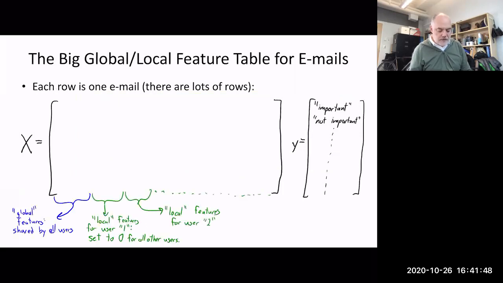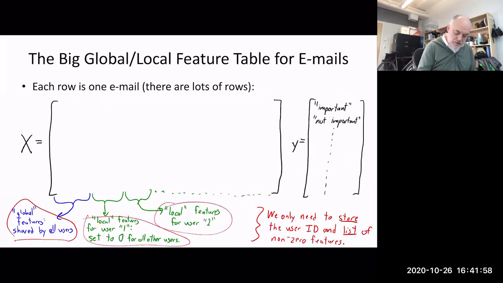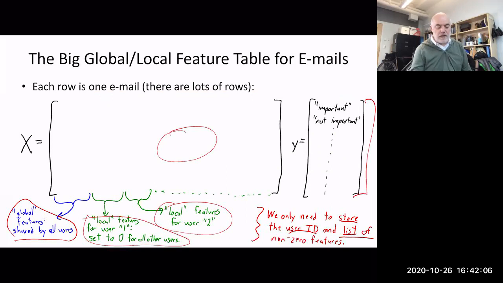You can absolutely do this, and this is actually one of the ways that Google does this. So you have global features used by all users, and then you have local features for user 1, local features for user 2. And of course, this is a very sparse matrix. Most of this is 0, so you only have to store the user ID and listed non-zero features. You have your labels, and now you can do personalized recommendations for important or not.